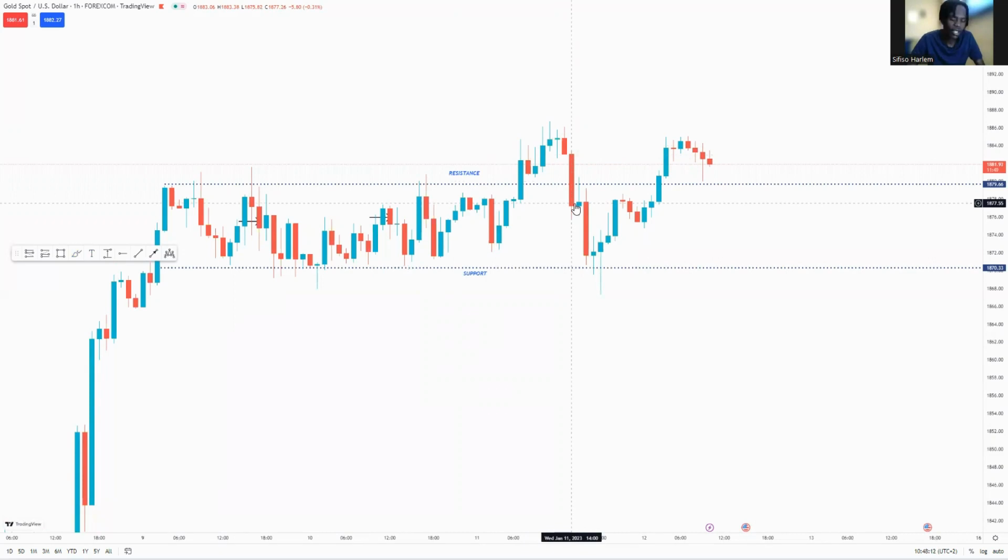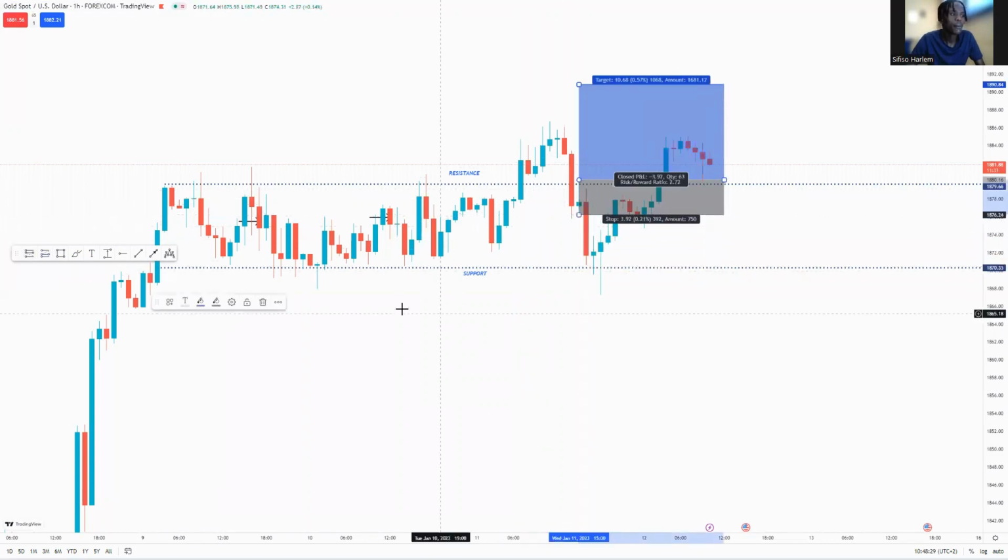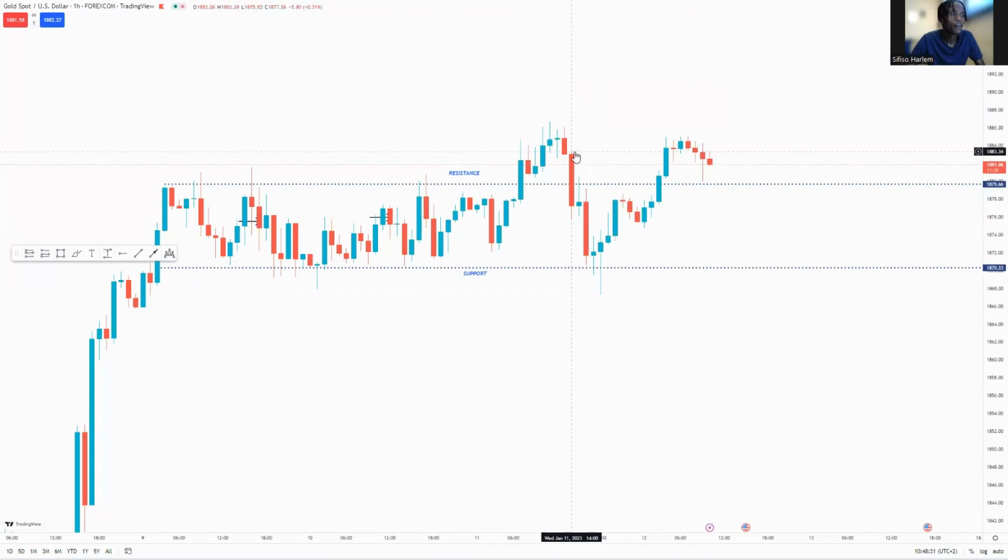Pre-NY, guys. So I have this rejection, this pin, this big candle close, and this bearish engulfing candle close. With this bearish engulfing candle close, I could have taken continuation trades above resistance, because this candle was going to be a breakout and a retest inside, but closing above the resistance.